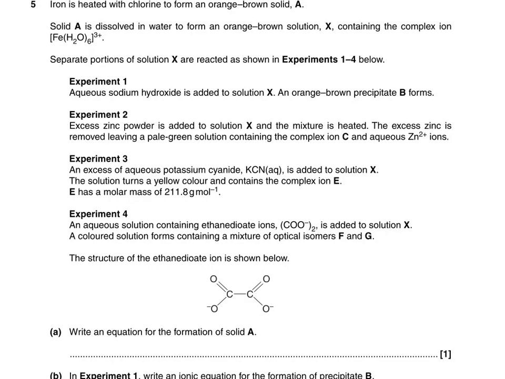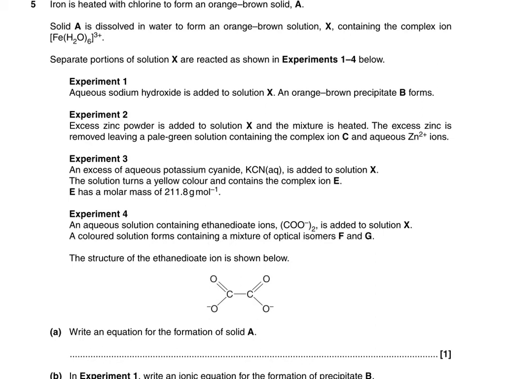Okay, this question isn't in the mock that I gave my group in 2016, but we might be going through this later, so I'm going to include it in this mark scheme. This is a transition metal question. We're talking about complex ions here, and there's quite a lot of information.